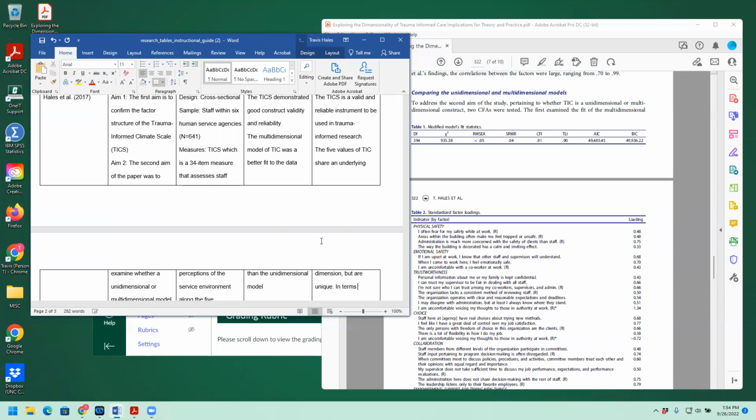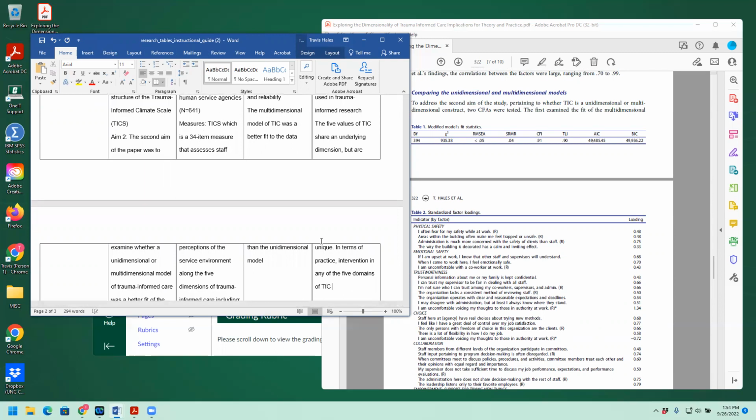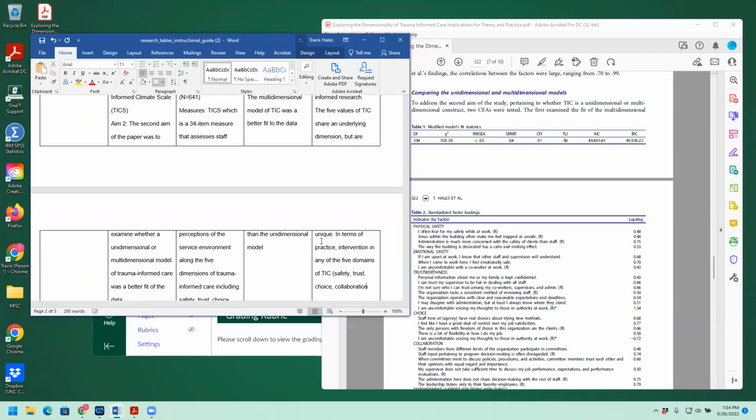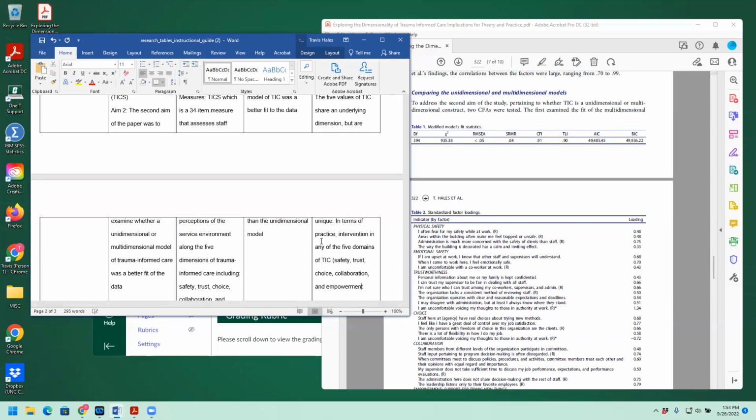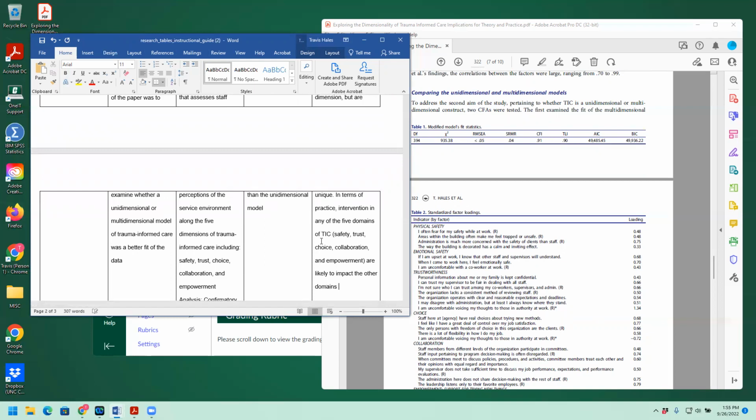And in terms of practice, intervention in any of the 5 domains of trauma-informed care, those being safety, trust, choice, collaboration, and empowerment, are likely to impact the other domains because they share an underlying dimension.